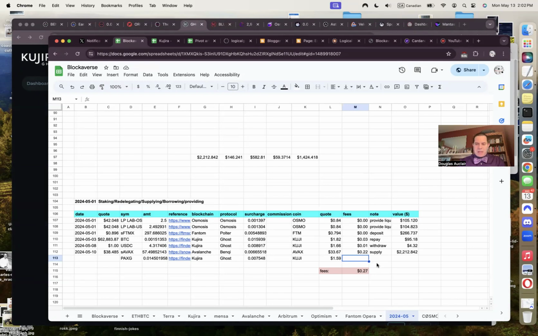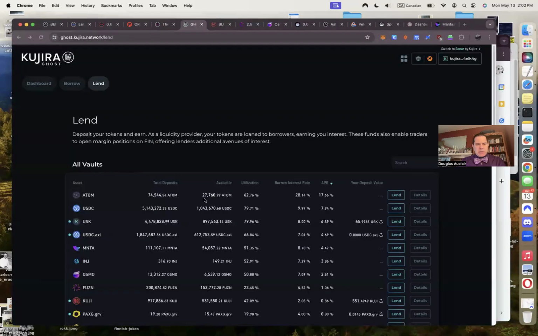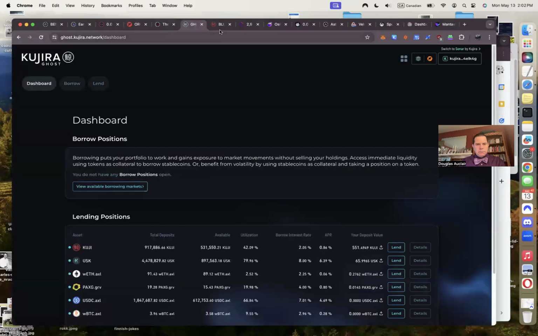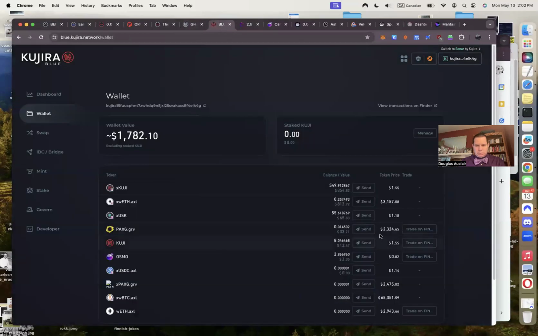So that's awesome that even though Kuji's price is falling, I am making money in that transaction. So gold's price is currently $65.